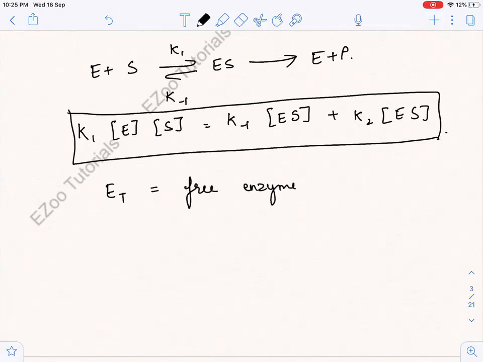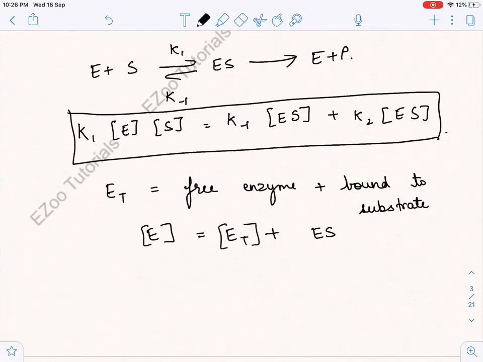Free enzyme plus the enzyme that is bound to substrate, right? ये तो बहुत इजी बात है. टोटल एंजाइम क्या होगा? टोटल एंजाइम होगा जो फ्री होगा और जो सबस्ट्रेट से बाउंड होगा, राइट? तो टोटल एंजाइम ये हो गया, फ्री एंजाइम निकल आया, ठीक है? व्हाट इज द फ्री एंजाइम? टोटल एंजाइम माइनस एंजाइम से जो लगा हुआ है, राइट? दिस इज E एंड दिस इज ES, राइट?